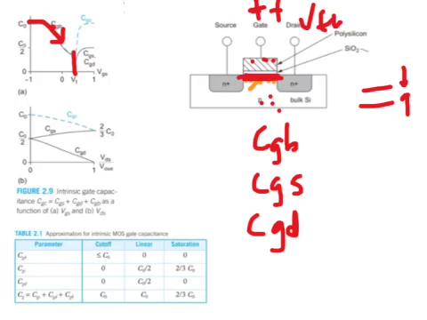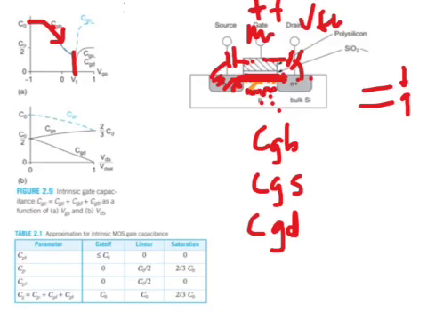But because there's this conductive layer connecting the source and the drain, now the gate to source and the gate to drain capacitances start becoming non-zero in value, because any fluctuation, any wiggle in the gate would have an influence on the wiggle in the carriers in the channel and so on.